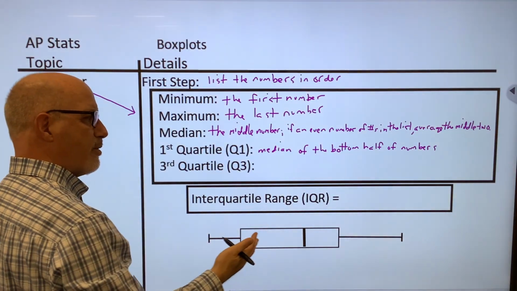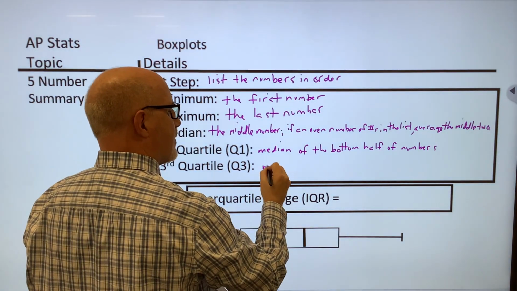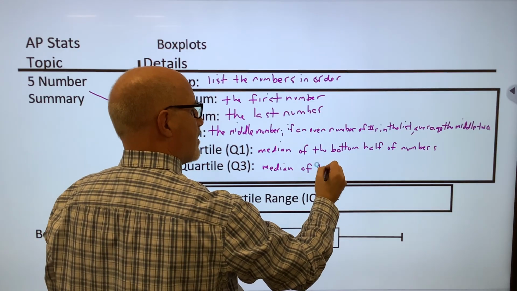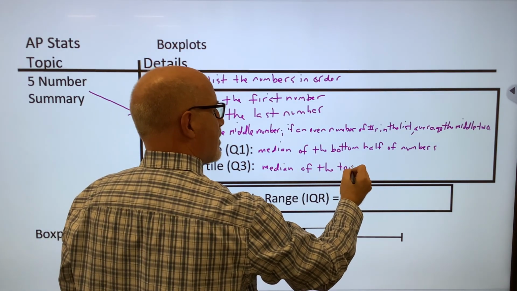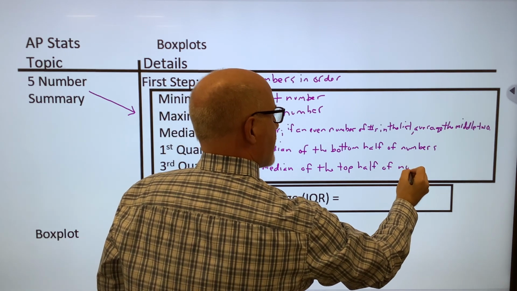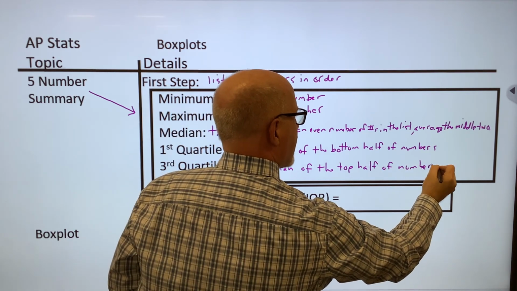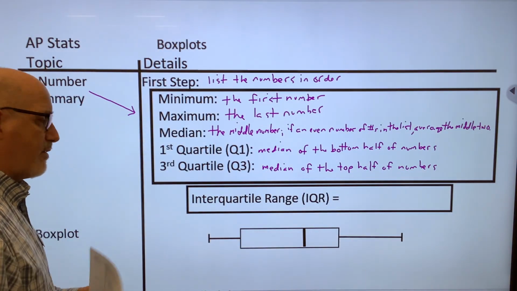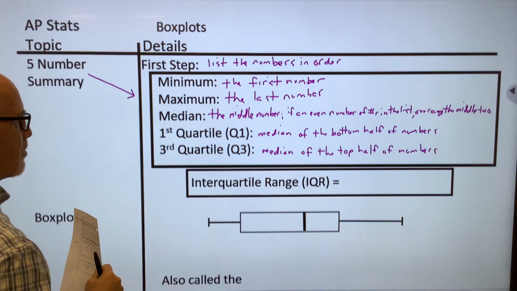And then quartile 3 is the median of the top half of numbers. So we find the median, look at the top half, find the median of that set of numbers. That will get us Q3.